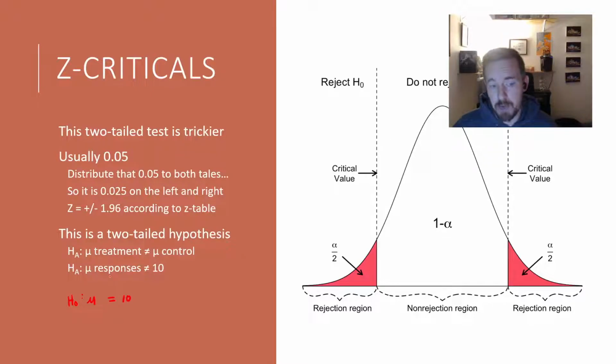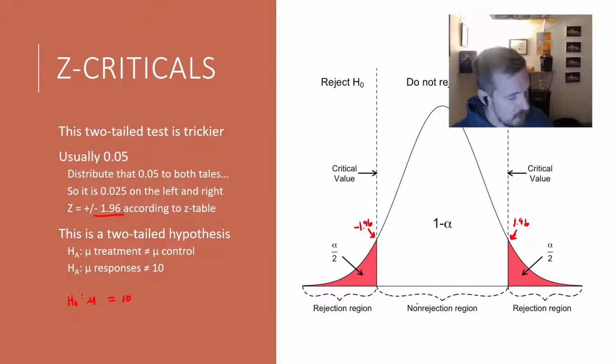And in order to disprove that, I would need to have a z-score that is above positive 1.96, because any z-score right here is 1.96, and any z-score over here would be negative 1.96.